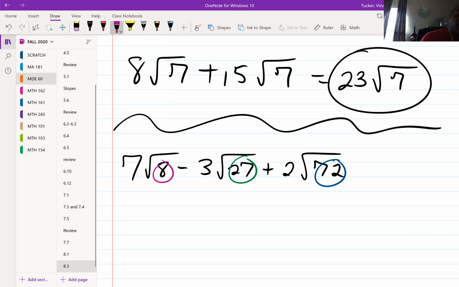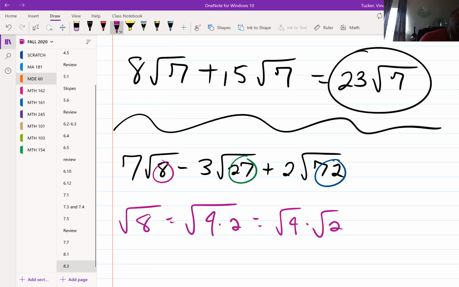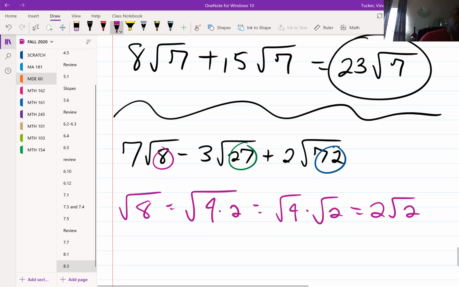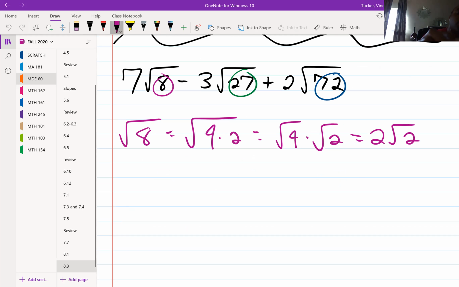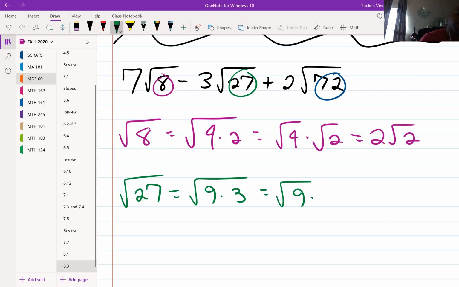So the square root of 8, I can break up into 4 times 2. Square root of 4 is 2. Leave the other 2 under the radical. Square root of 27. Break that up into 9 times 3. So that would be 3 square root of 3.